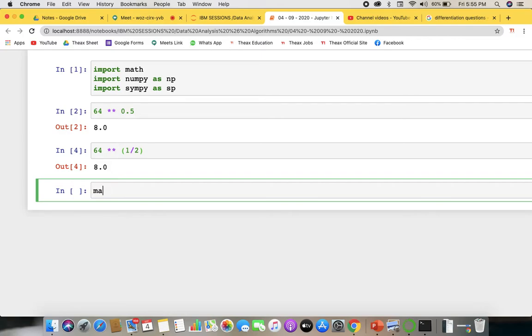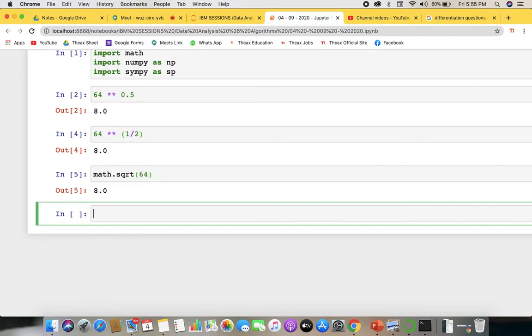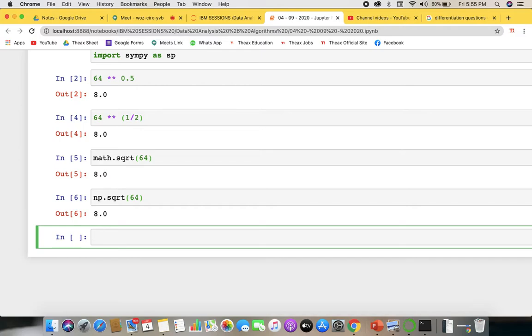So the third step, someone said maths dot sqrt of 64, and someone said np dot sqrt of 64, and got the results. Nice.